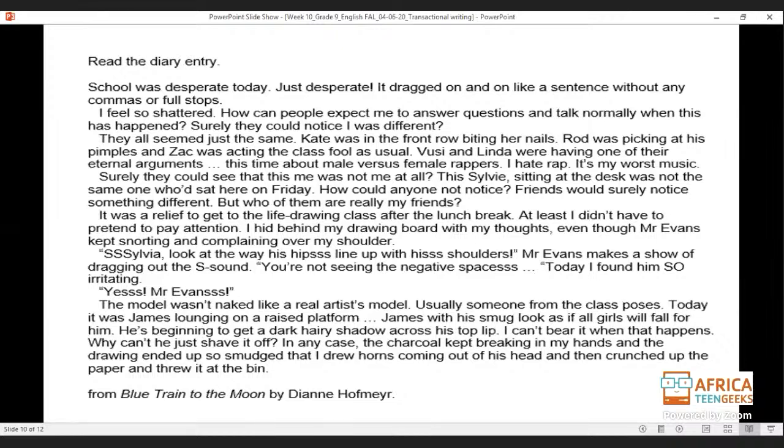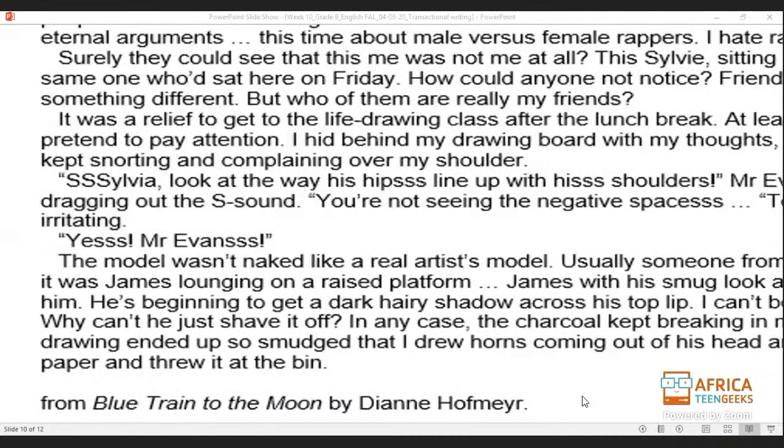It has the date and the day. Nice one, Penny. And remember, if you look at the bottom of this one, it's actually from a book. Can you see that at the bottom? It says From Blue Train to the Moon by Diane Hoffmeyer.